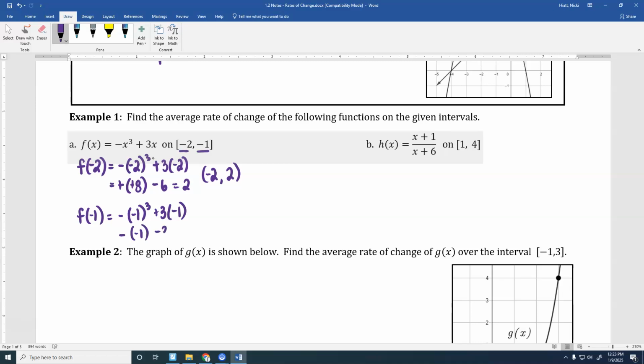And then that'll be a -3. The -(-1), just like it did with the 8, is going to become +1, and we'll get -2 for that. So the coordinates for this point are -1, -2.